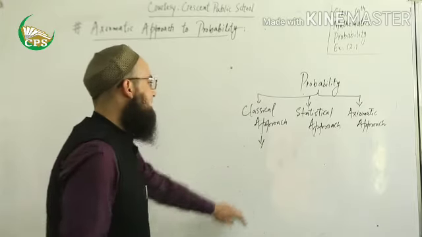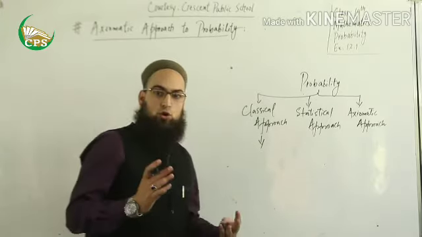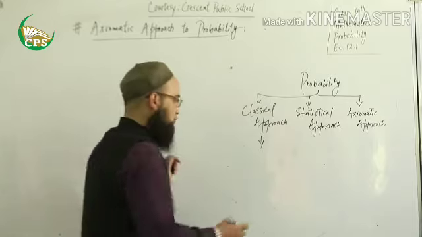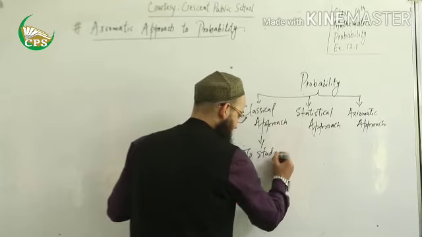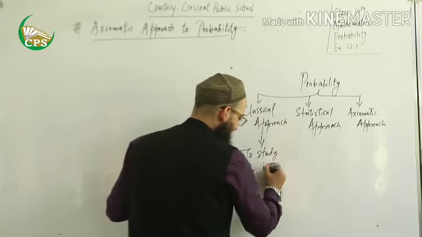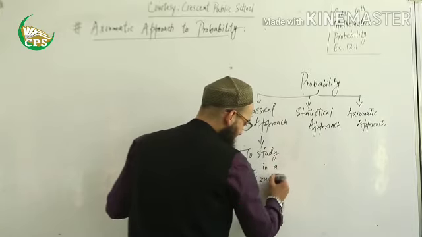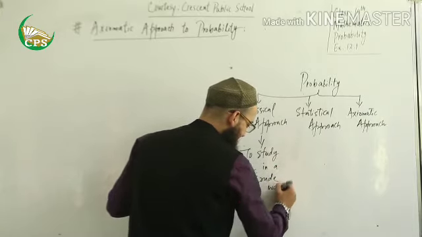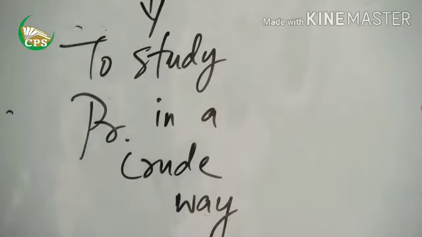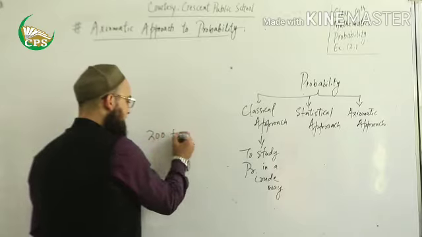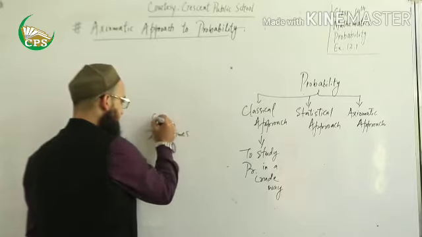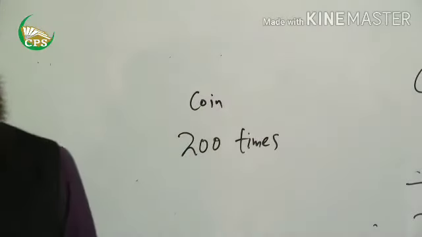Classical approach means where you study probability in a crude way. What does that mean? For example, you need to toss a coin 200 times.